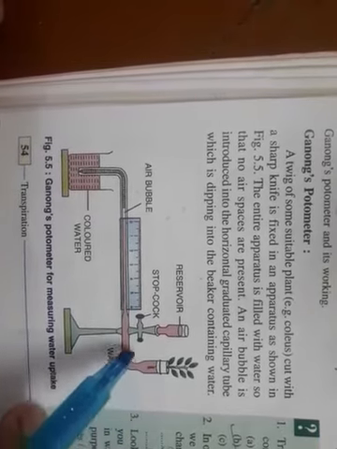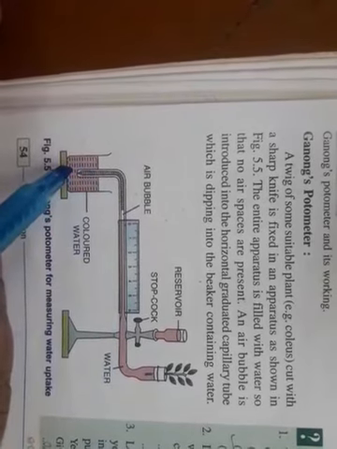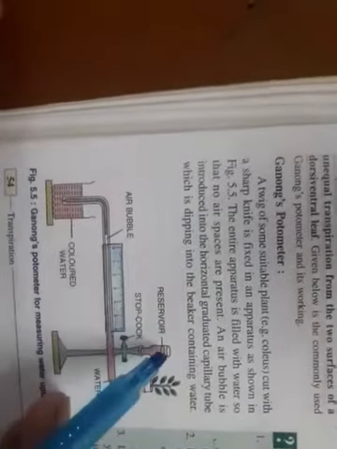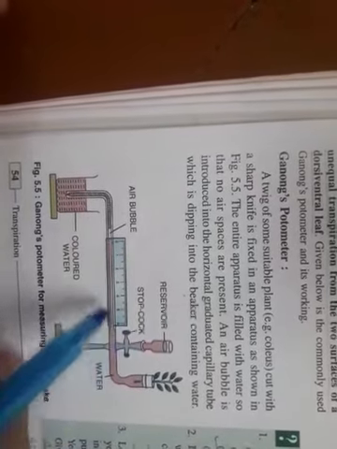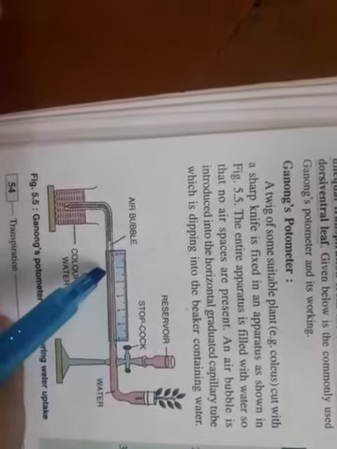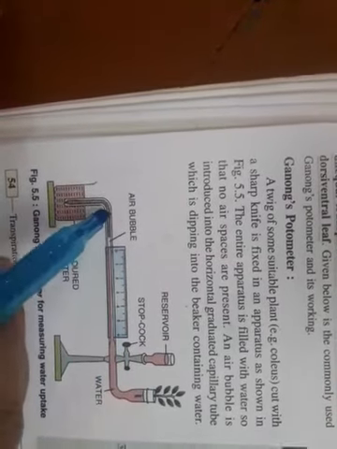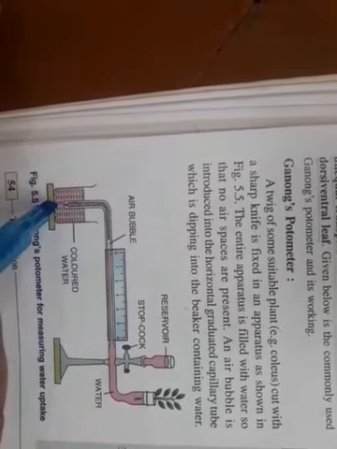The entire apparatus is filled with water. This is the reservoir which is filled with water. There is a graduated capillary tube which is dipping in a beaker containing water.